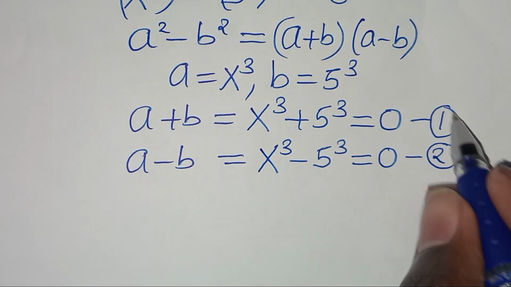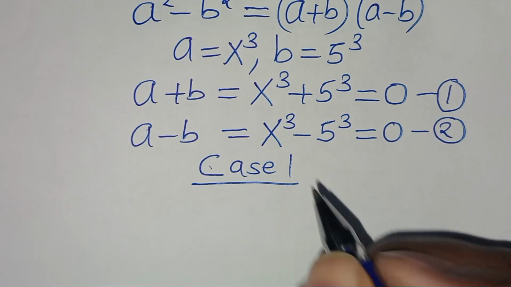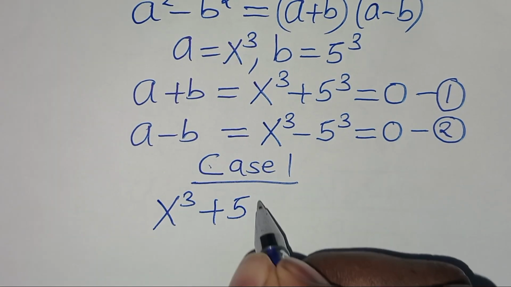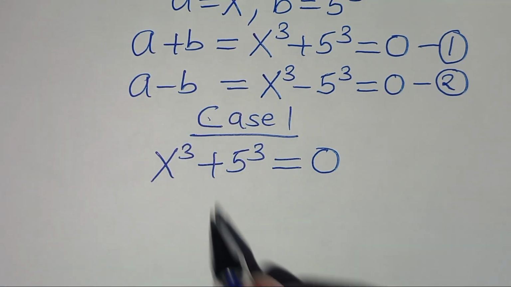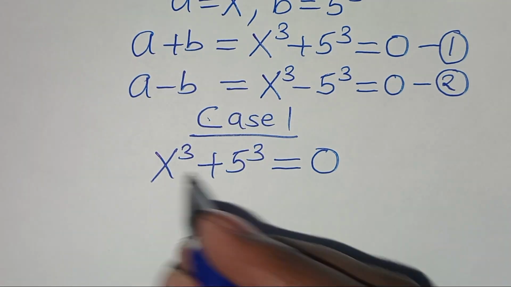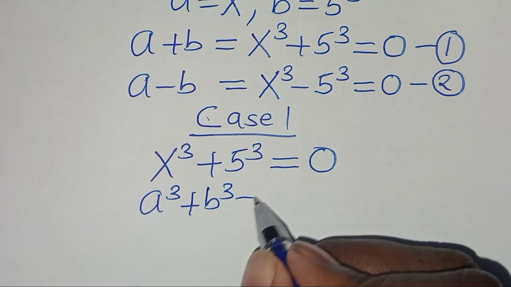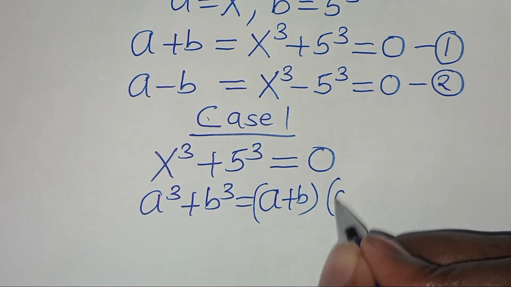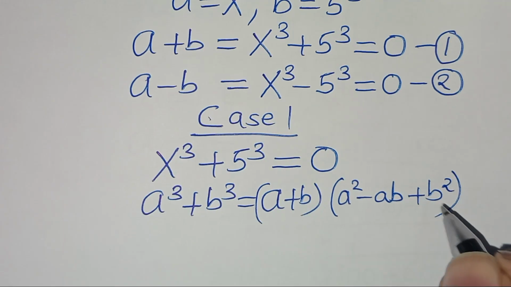Now, let's start with equation 1. Let's call this case 1. In case 1, we have x to the power 3 plus 5 to the power 3 equal to 0. Now, x to the power 3 plus 5 to the power 3 is the sum of two cubes, expressed as a to the power 3 plus b to the power 3, which we can express as a plus b times a squared minus ab plus b squared.